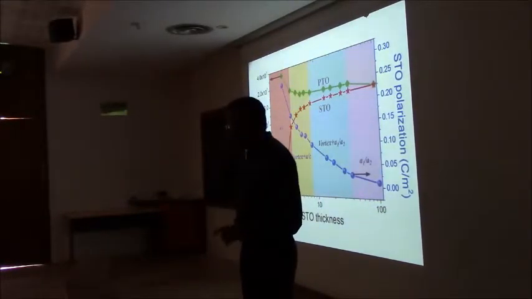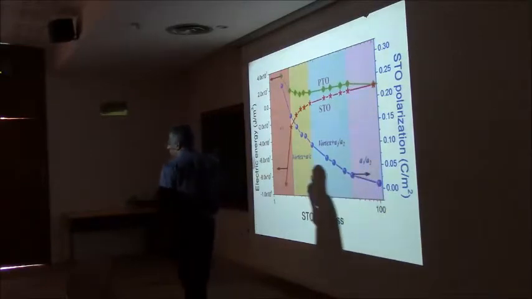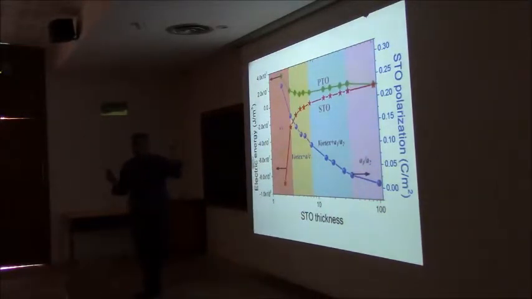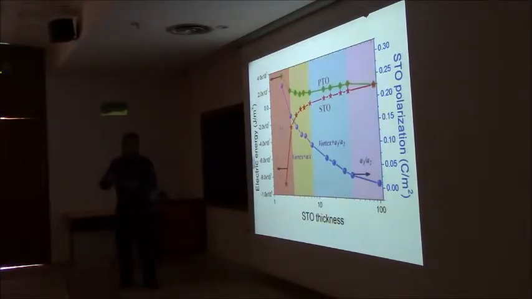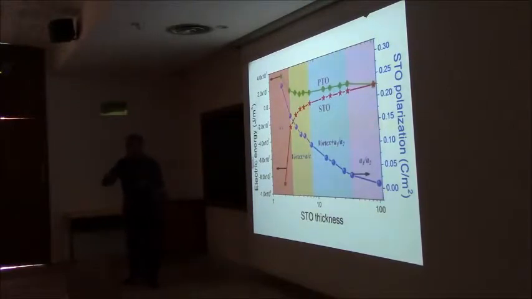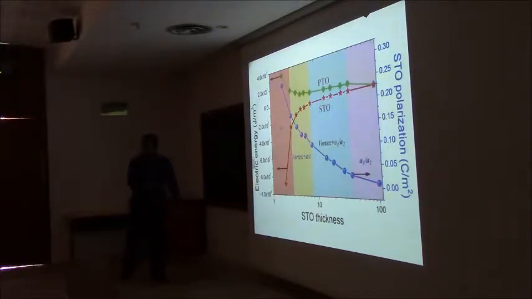It becomes ferroelectric, which is exactly what Matt Dawber and Jean-Marc had seen 10, 12 years ago. And they were saying that the strontium titanate became an improper ferroelectric because of the tilts that were coming in. We think that's exactly what happens here. But as I make it thicker and thicker, somewhere here we have a vortex plus other mixed phases. Then when you make it very thick, it simply becomes in-plane polarized. Okay, so there's a good phase evolution for the system as a function of the dimensions.